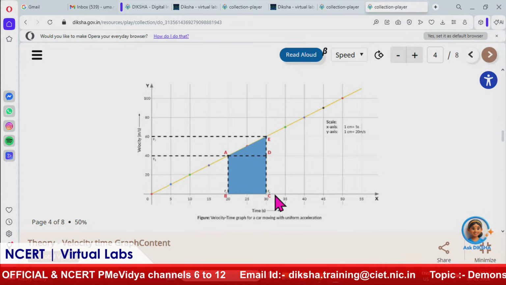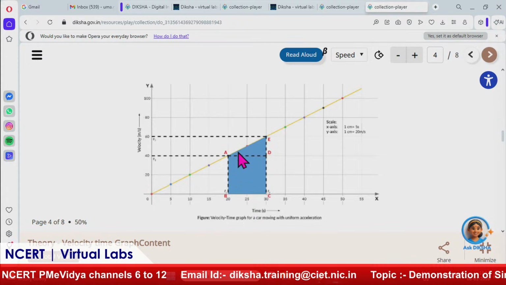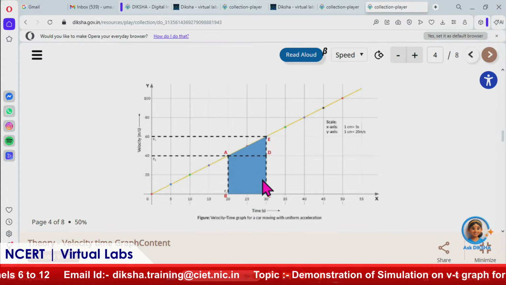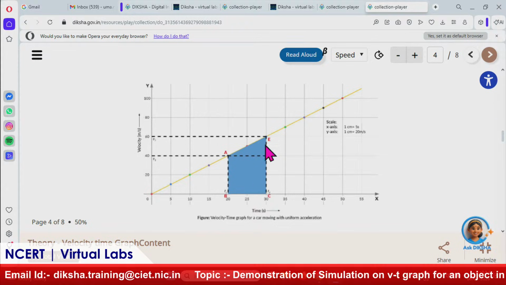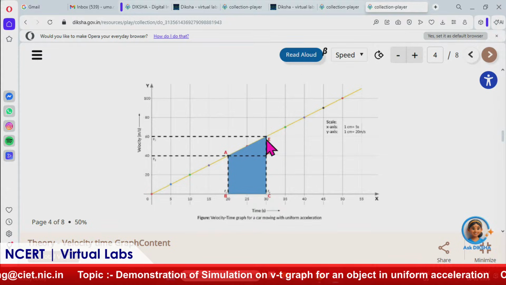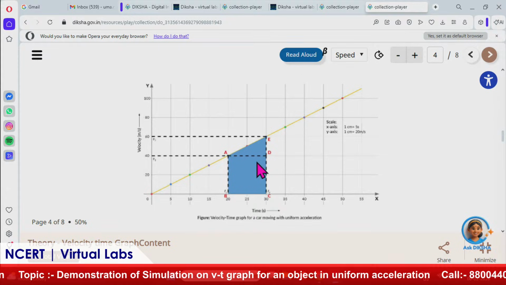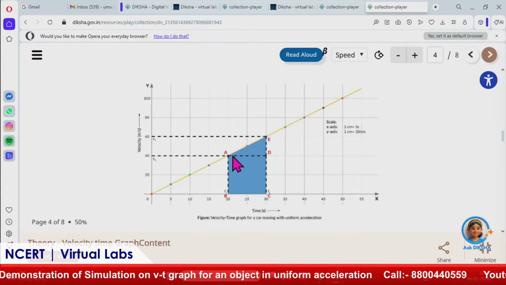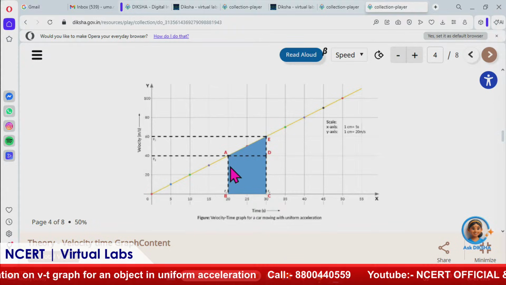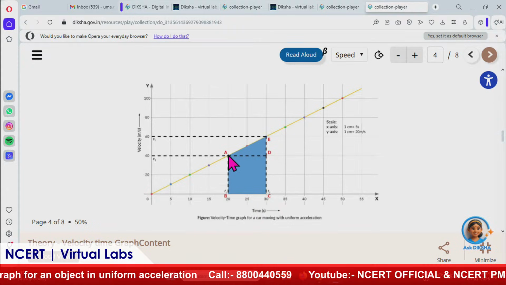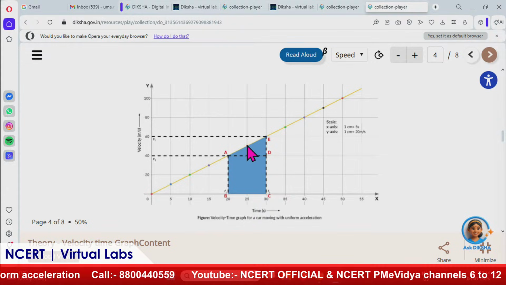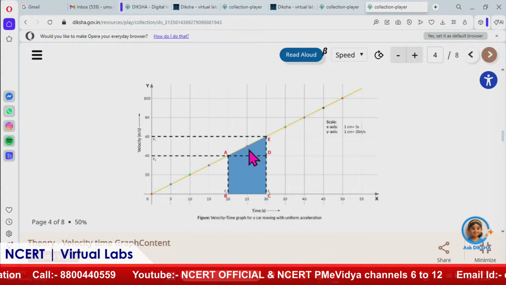From the slope we will get the acceleration, and then if we calculate the area of this shaded part, this area gives the distance when the object moves from point A to E. We can easily calculate this distance or displacement by calculating the area of this triangle ADE plus the area of this rectangle. So, length into breadth is the area of the rectangle, and half base into height is the area of the triangle.